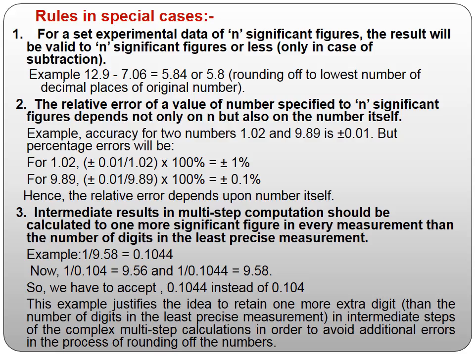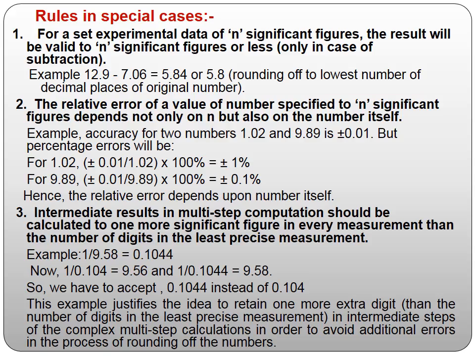The second case is that the relative error of a number specified to n significant figures depends not only on n but also on the number itself.